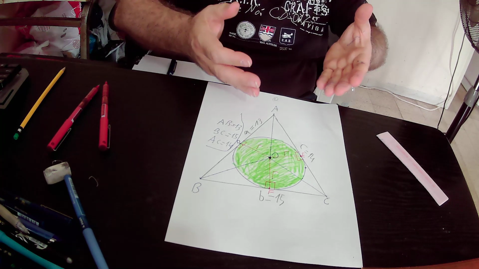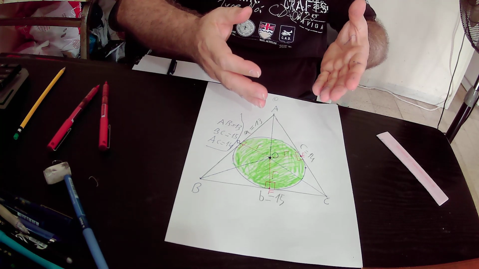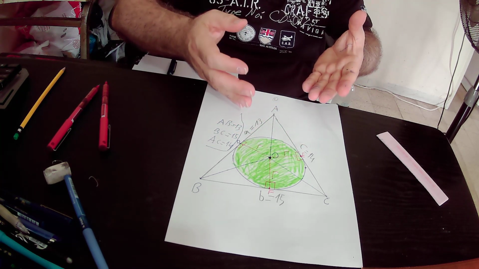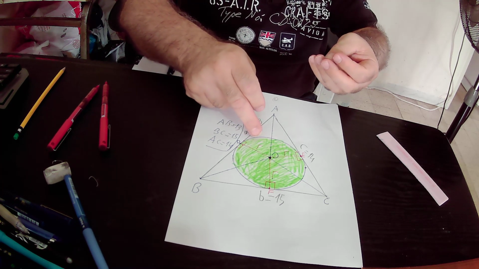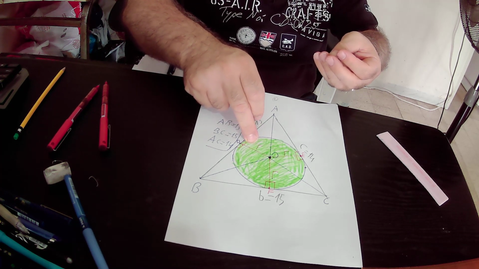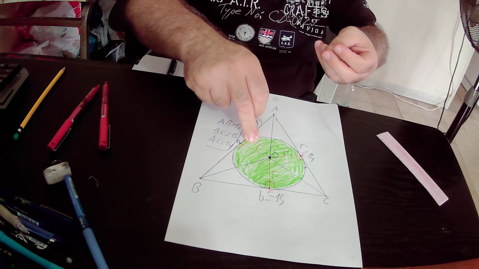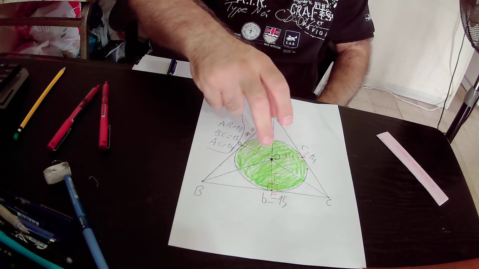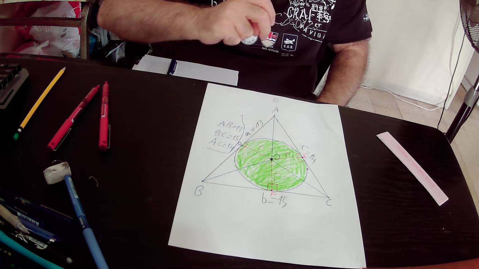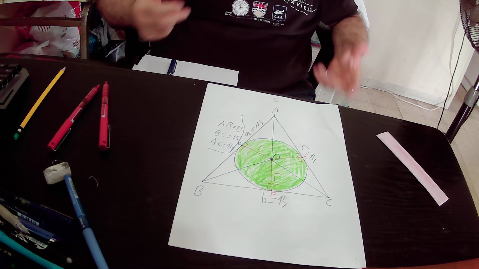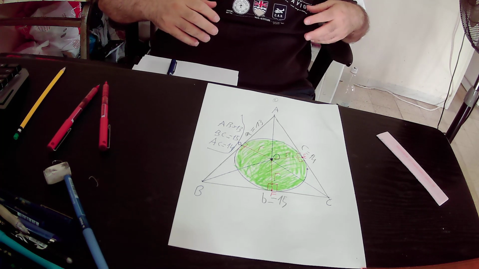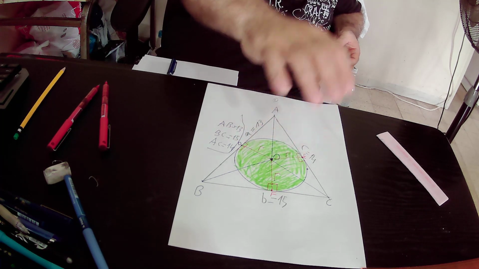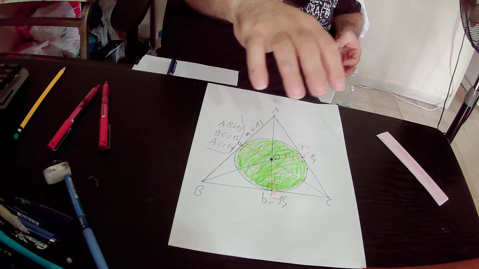So we will put the data inside the equality that states that the sum of the areas of those three small triangles equals 84, and we will find out the radius of the green circle, and then the area of the circle will be pi times the radius squared. Okay, so I will not repeat on the same process again. In this way we will find out the area of the green circle after we found out the area of triangle ABC.